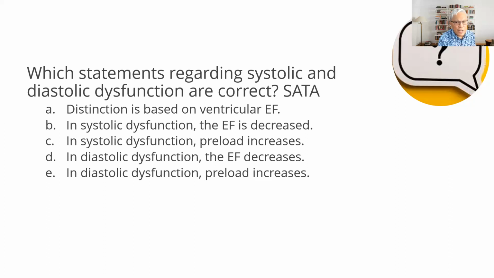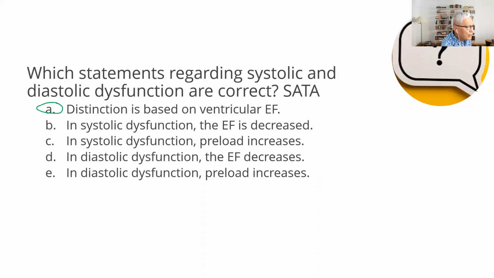Okay, so let's see. Letter A, which statements regarding systolic and diastolic dysfunction are correct? So we're now trying to see whether or not you all understood what I was talking about earlier. Distinction is based on ventricular ejection fraction. This is true, okay?